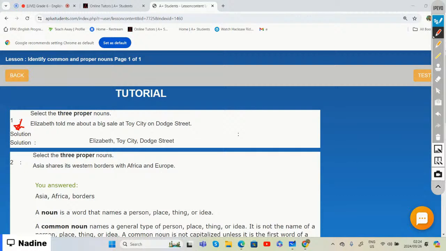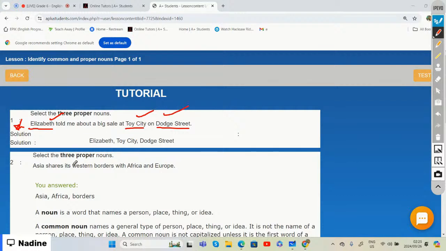And if we were to identify our three proper nouns, right, then we can say Elizabeth, because that is a specific name of a person. Toy City, because it's a specific name of a place. And Dodge Street, it's a specific name of a street. So that is the three proper nouns in that sentence.